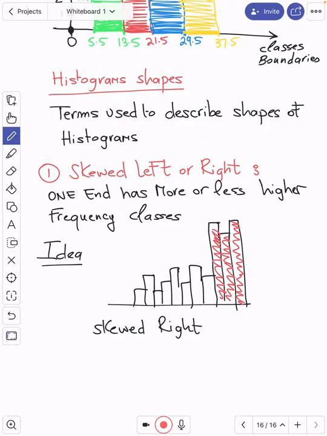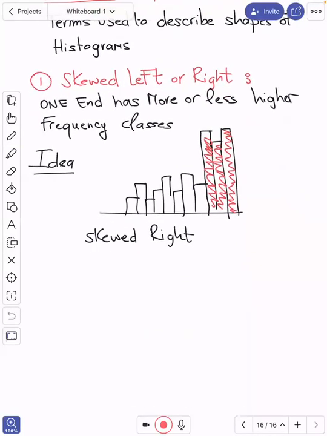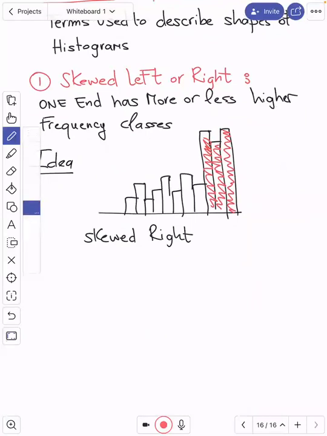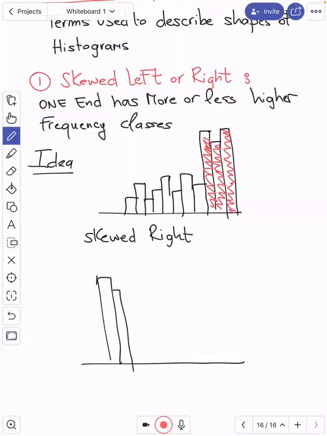Skewed left would be like, on the left side you would have the classes with the highest frequency. So the shape would be something like this, for example.